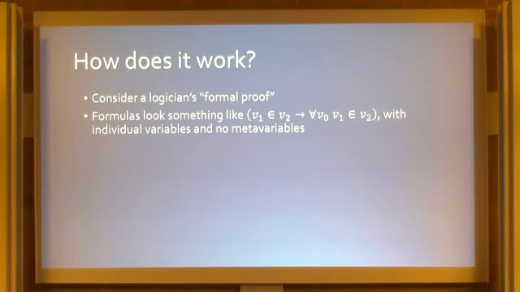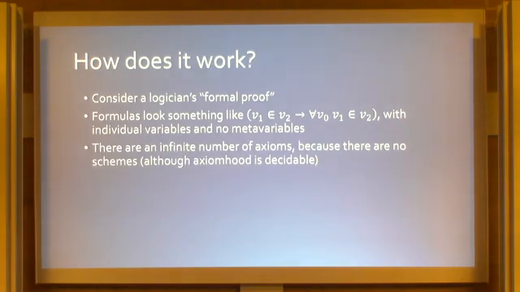So the way it works: the reason for the name MetaMath is that it's actually meta-variable mathematics. Consider how a logician might write what they would call a formal proof in a textbook. The formulas have symbols, arrows, and individual variables. There are no meta-variables in the actual ground logic.